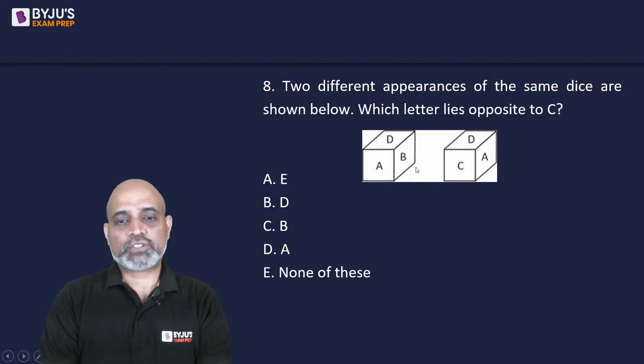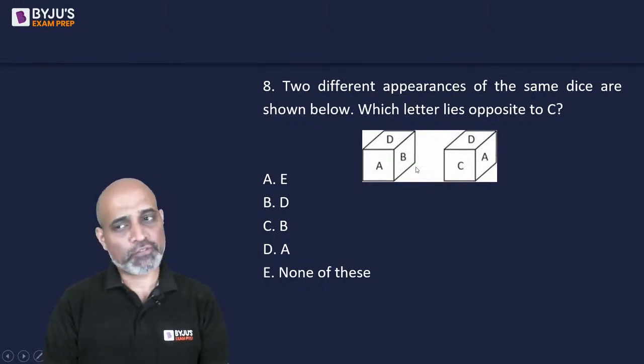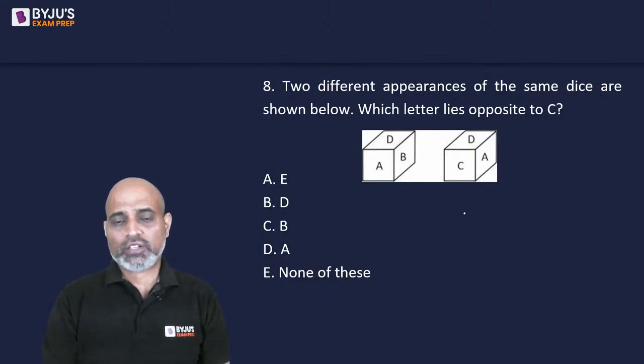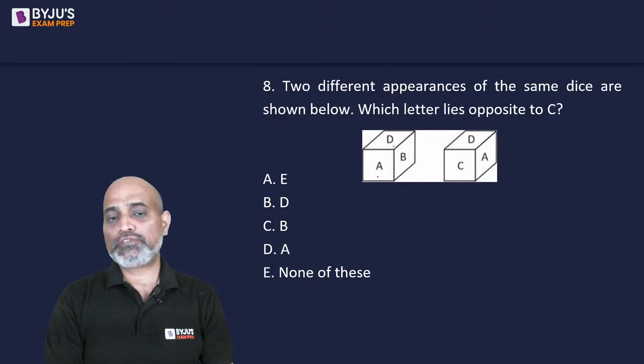So how do we deal with questions like these where you have dice based questions? So there are two types of only dice possibility, right? Where we are asked opposite faces. So what do we do in such questions? You will find that there are two faces common. So this is a scenario.